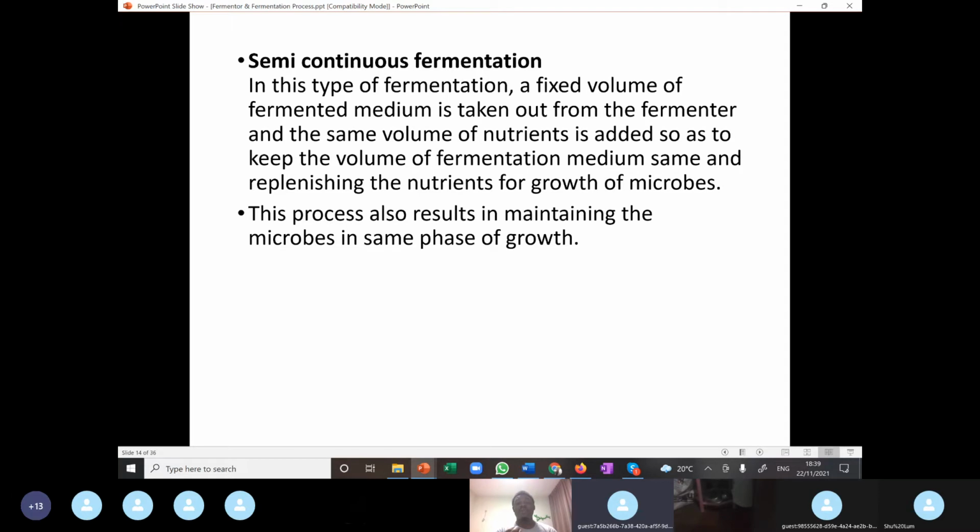Okay, so in fed batch, we're adjusting just one or two nutrients to maintain the logarithmic phase or the desired phase of the production process. But in semi-continuous, we change both the nutrients, the spent nutrients, and the inoculum.